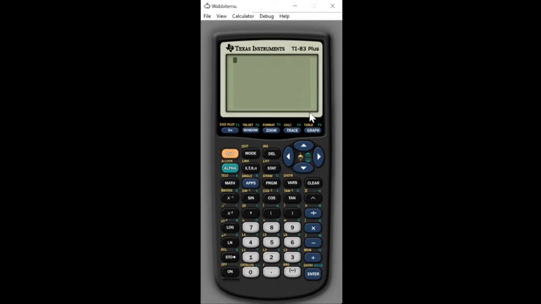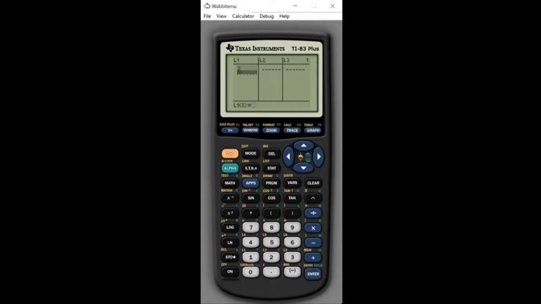Okay, so what I'm going to do, it's already on. I'm going to hit the button right here that says Stat. So it's the second button coming down, kind of where that alpha button is over 2 spaces to the right. And then I'm going to hit number 1, which says Edit. And I got my list here. So those numbers are on my problem. I'm going to start entering them in.